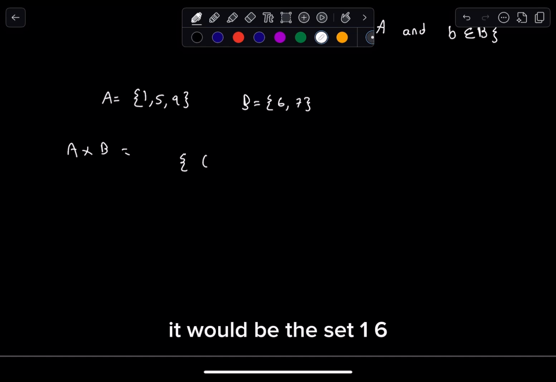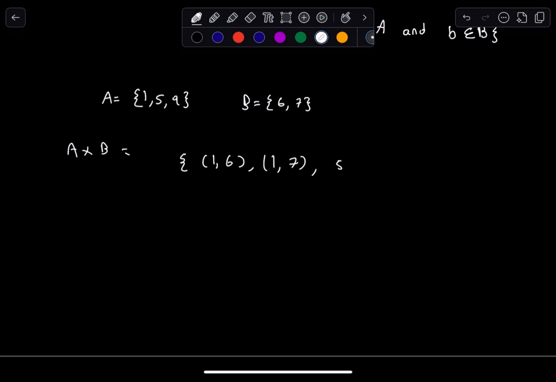It would be the set {(1, 6), (1, 7), (5, 6), (5, 7), (9, 6), (9, 7)}. And that would be our set.